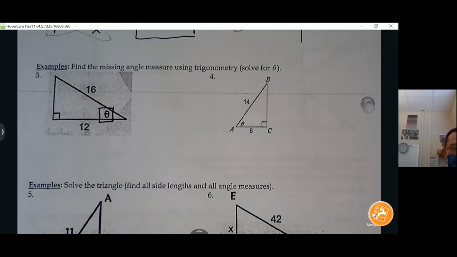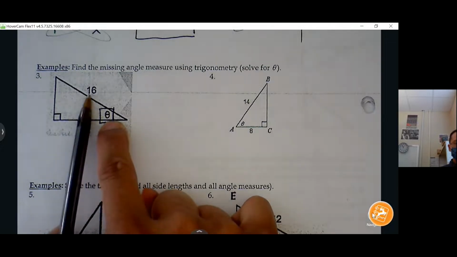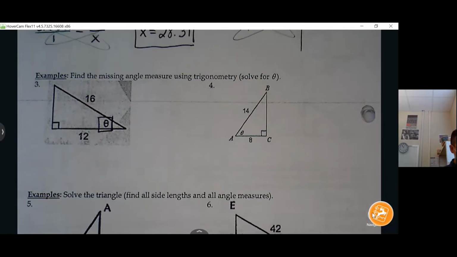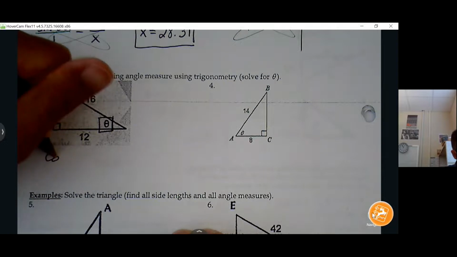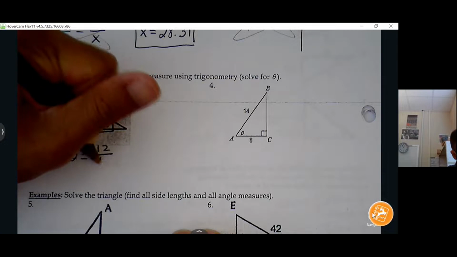So which trig function can we use that will hit the 12 and the 16? Cosine, yeah. 12 is adjacent, 16 is hypotenuse. Cosine will allow us to get that 12 and 16. So we're going to set up here: cosine of theta is equal to 12 over 16.